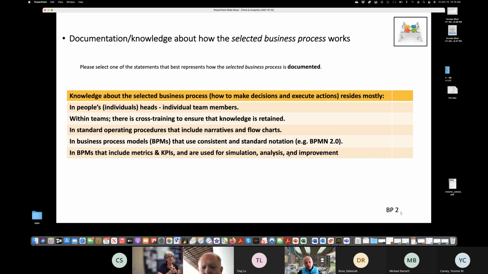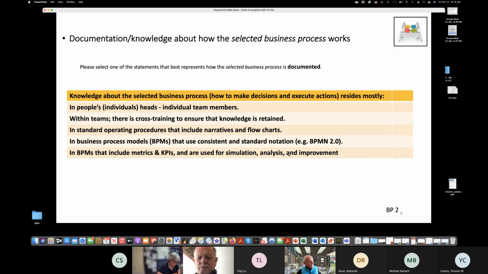So we see where we are on the capability maturity scale for how much we know about what we're trying to improve. So if we're going to try to improve procurement, how much do we know about it?